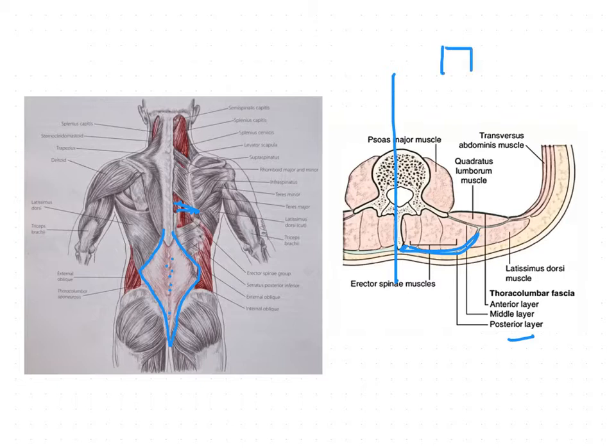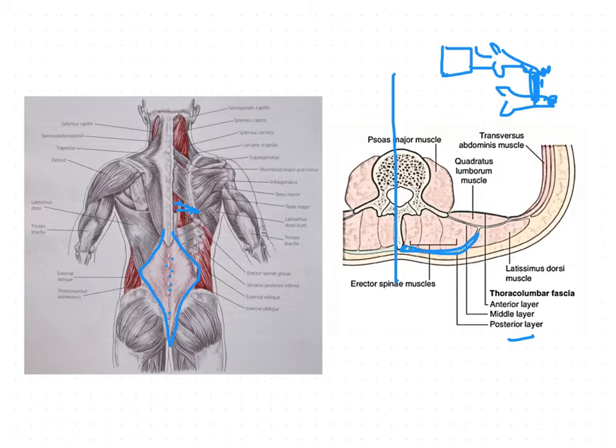As you know, each vertebra has a spine. In between two spines you have another ligament called the interspinous ligament. So this posterior layer is attached not only to the tips of the spines but also to the interspinous ligaments.